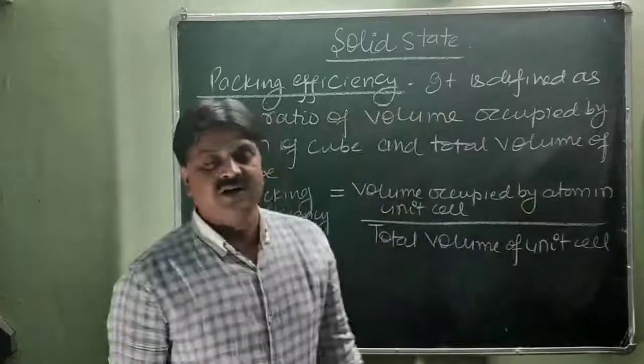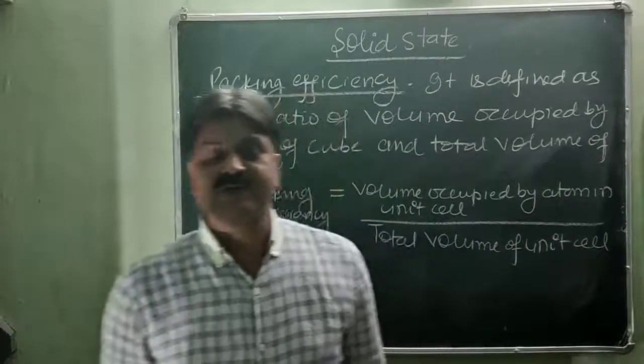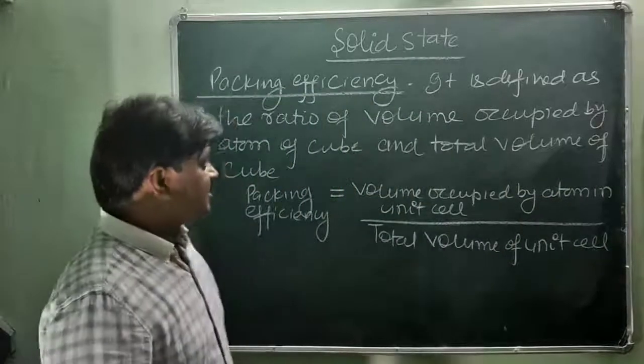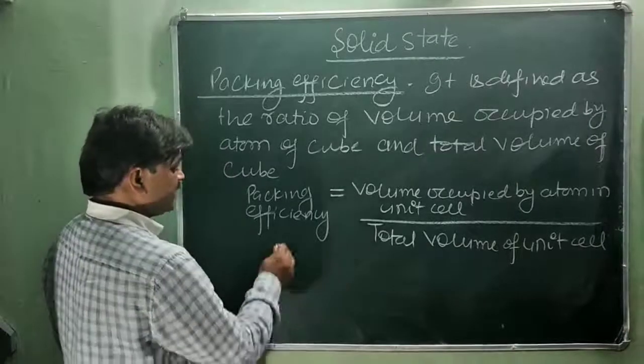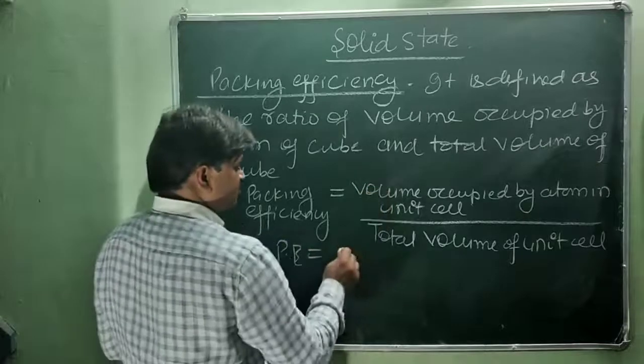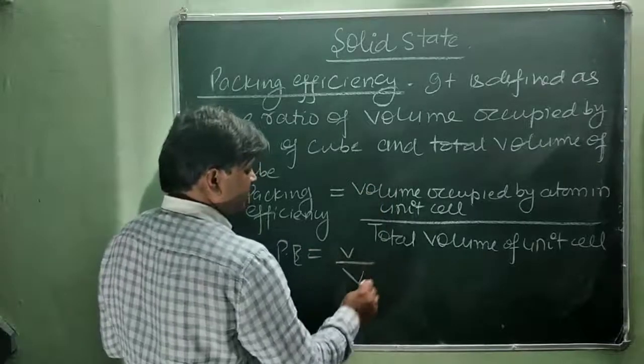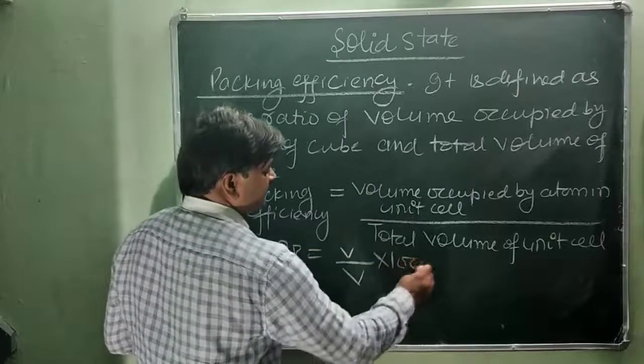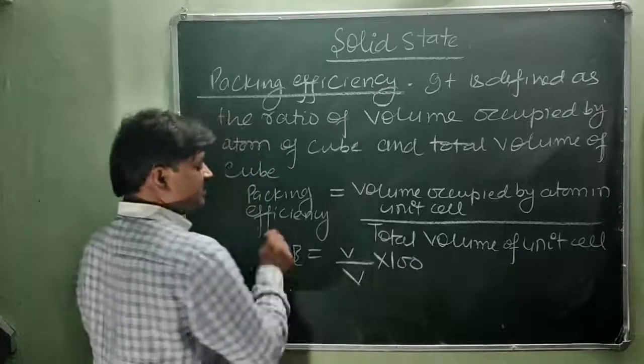So this is the formula for calculating the packing efficiency. In mathematical form we can write packing efficiency is equal to small v upon capital V into 100, to express the fraction in percentage form.